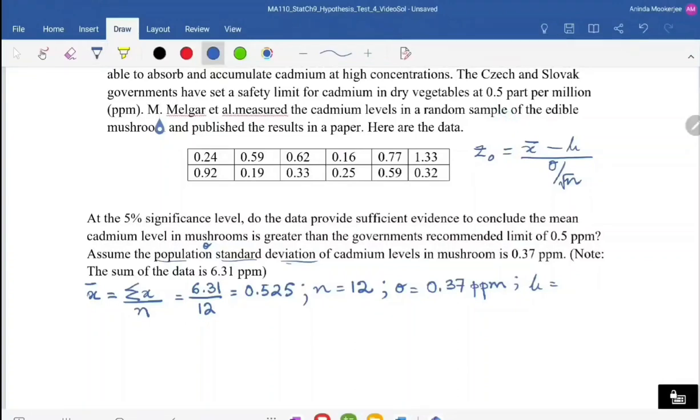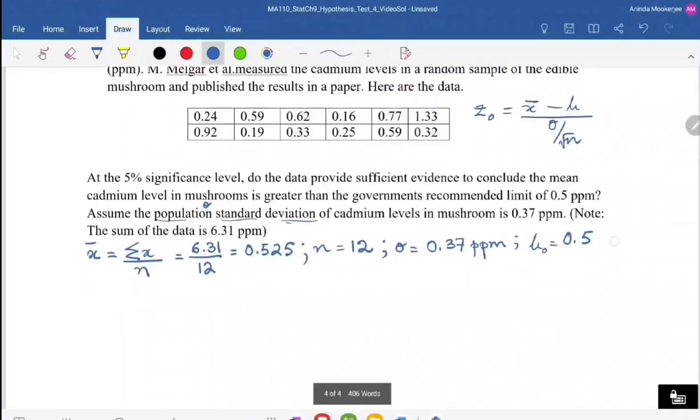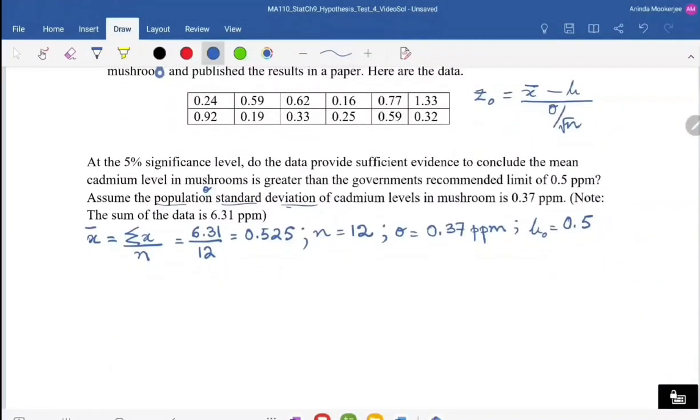That is the established mean, that the safety limit is 0.5 ppm for dry vegetables. So this is what the null hypothesis mu is. I'm going to say mu sub 0 is 0.5 ppm, whatever they have set as the safety limit.